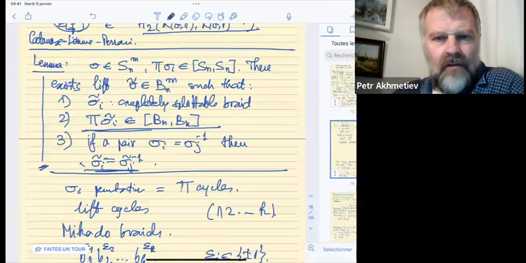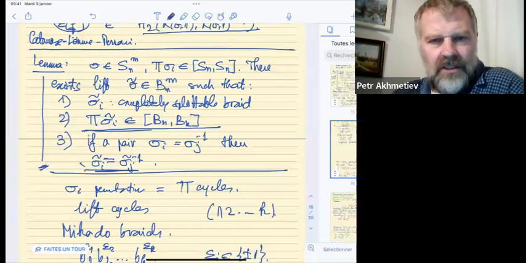We are looking for an explicit example. We have to take an interesting example which is not prem, and as I understood, we have to take something which is not related to linking number, because on the level of linking number we have no interesting example.